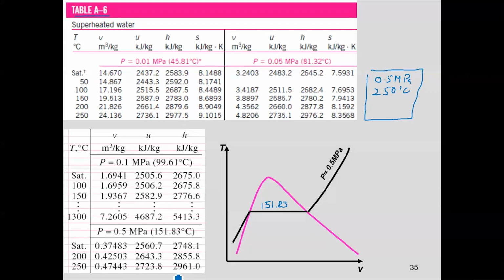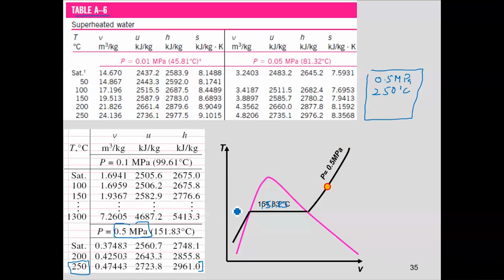I'll read out the pressure, which is 0.5 megapascal, and I will go to the temperature which says 250 degrees centigrade. This row would correspond to my properties.